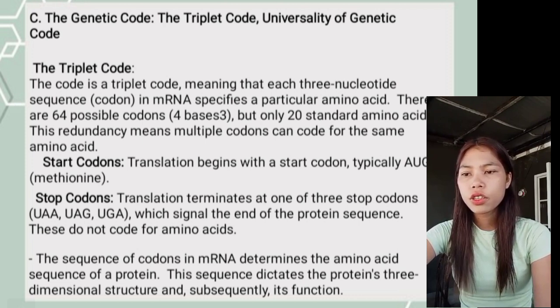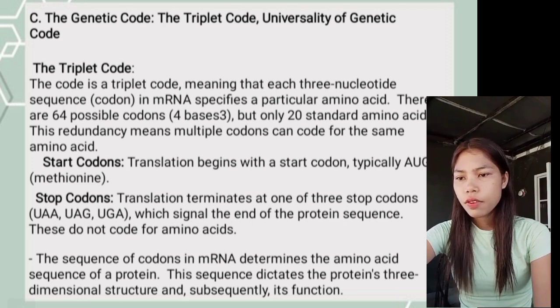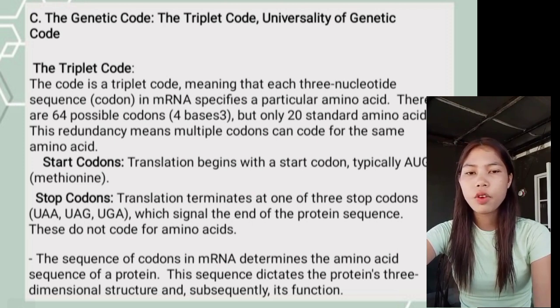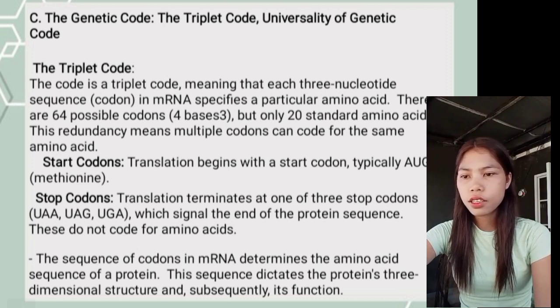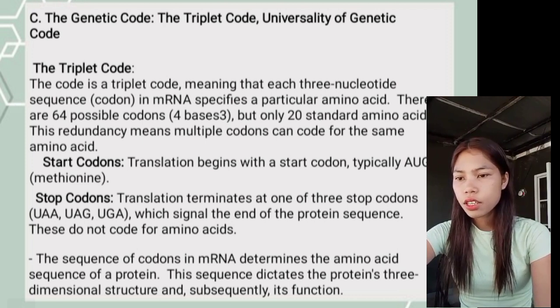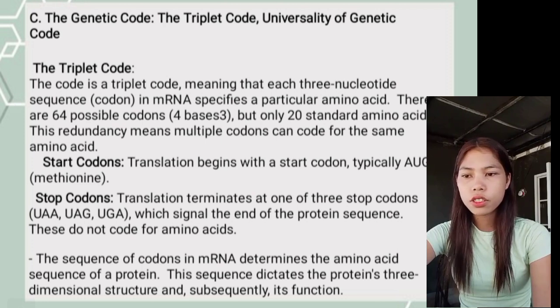The genetic code is a template code, meaning that a sequence of 3 nucleotides specifies a single amino acid. Since there are 4 nucleotide bases, adenine, guanine, cytosine, and uracil in RNA, and the 3 positions make a codon, there are 4 cubed equals 64 possible codons.